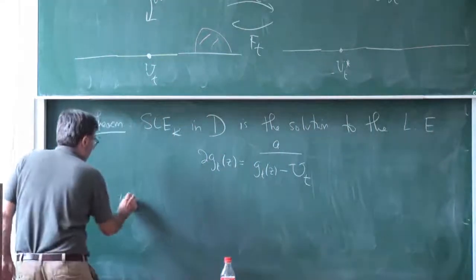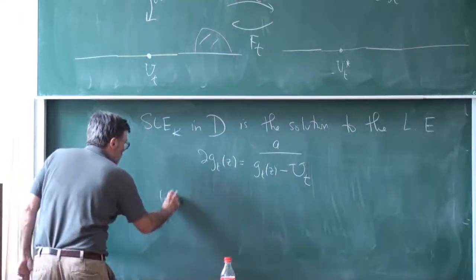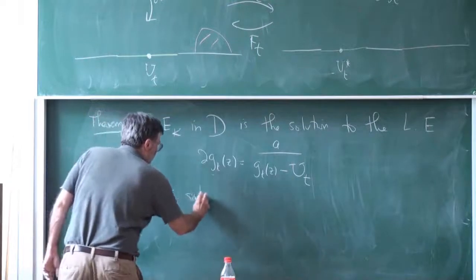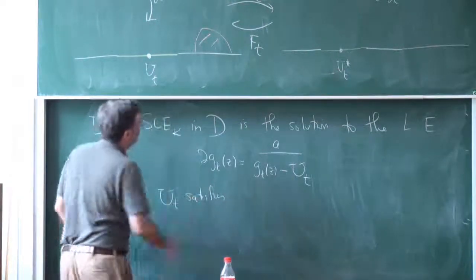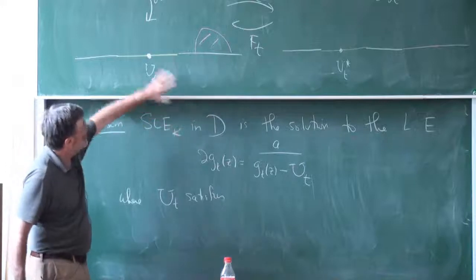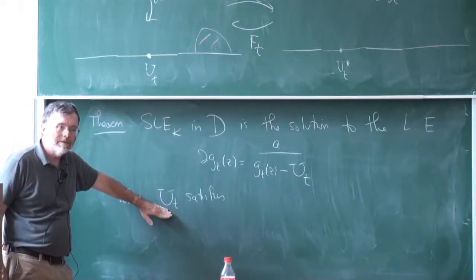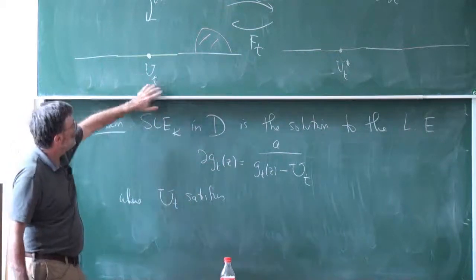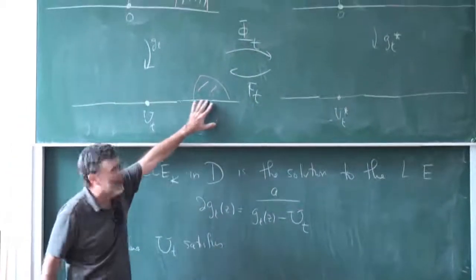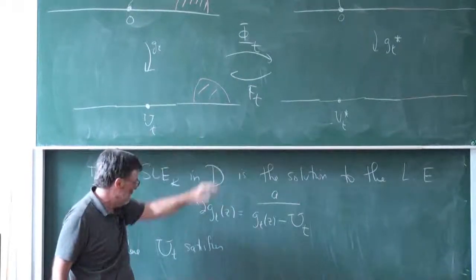Where U_t satisfies, well, if D were just the upper half plane, U_t would be a Brownian motion. But here, U_t has a drift that keeps it away from here.